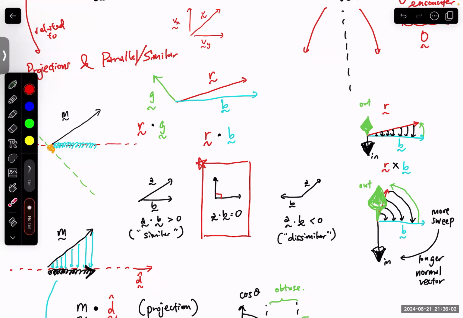So the main takeaway from here is that when there's more sweeping, the angle is bigger, and your normal vector grows out more. It's a longer normal vector being formed. When there's less sweeping, like in this first case, let's write down less sweep, then you get a shorter normal vector.